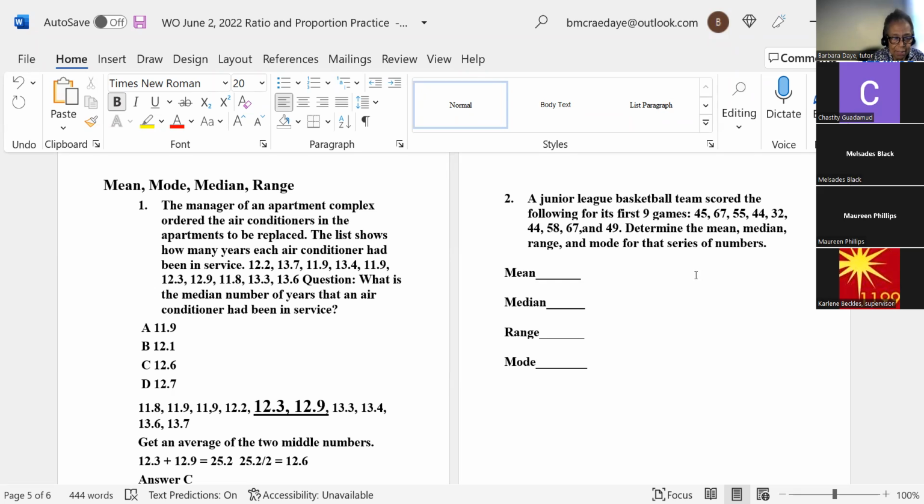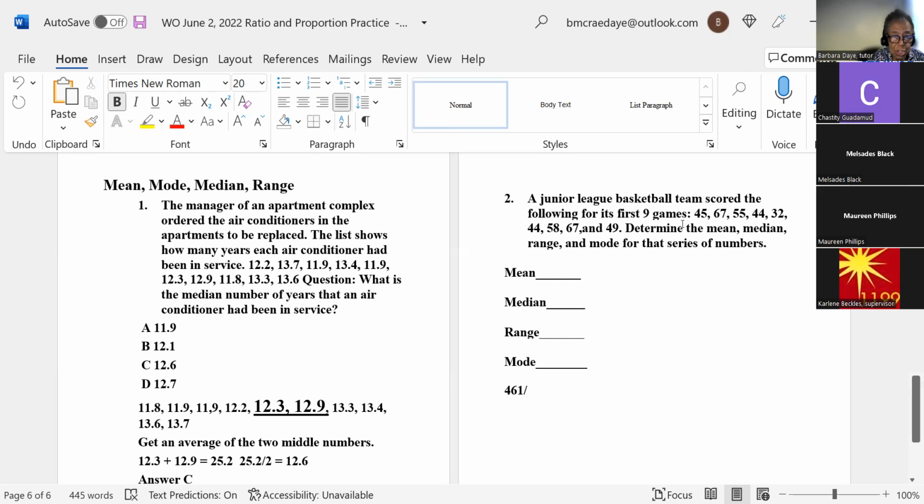So when you add them all up, okay, Maureen, did you add these up? Yeah. What did you get? I get 51.2 for the mean. No, what did you get for the total? Oh, 461. Okay, so when you add all those up, you get 461. That is correct.